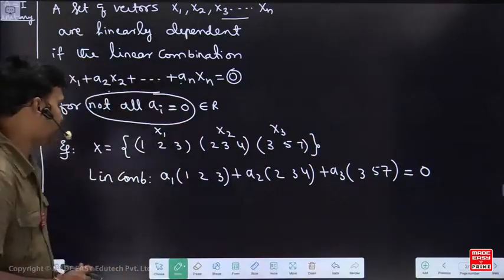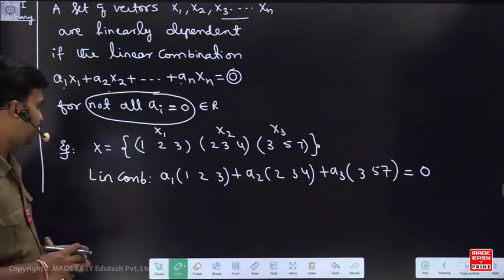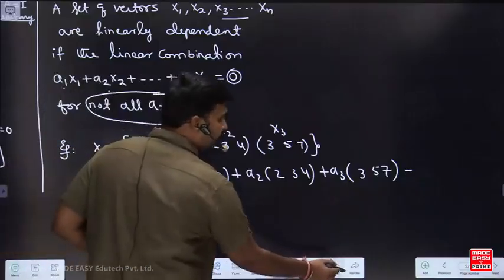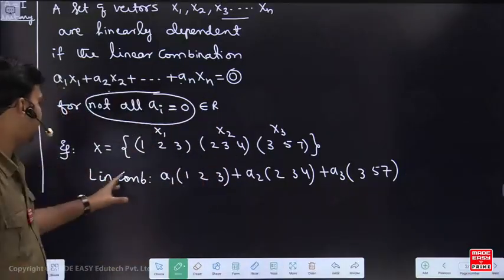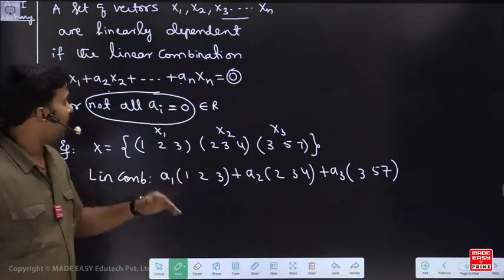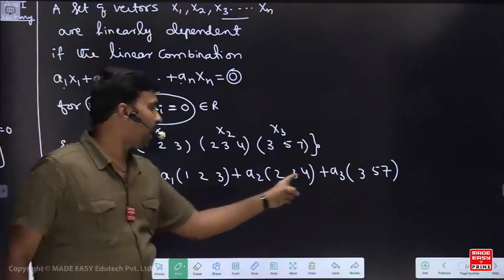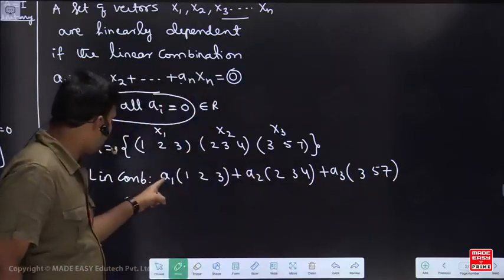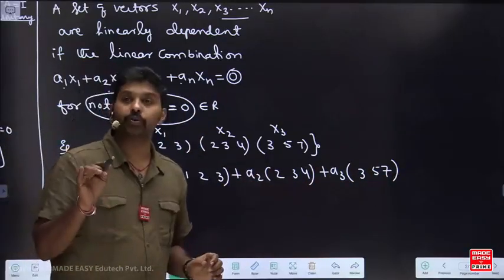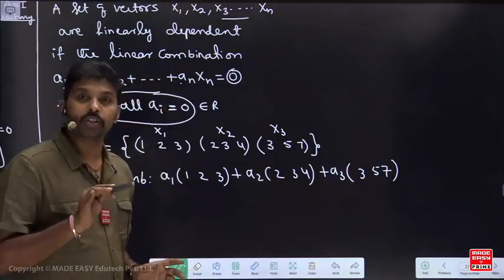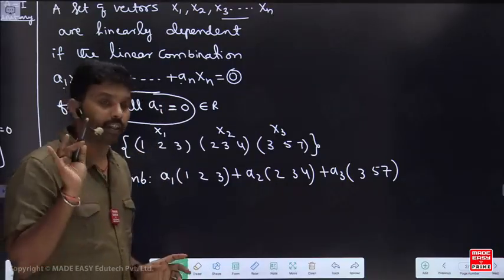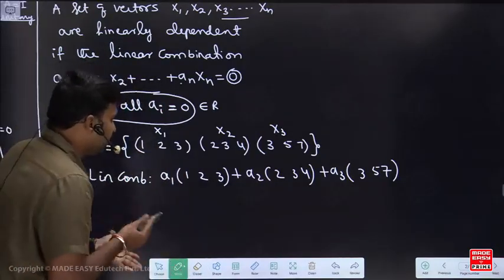Now according to this definition, this has to be 0 for some non-zero coefficients of a1 a2 a3 here.